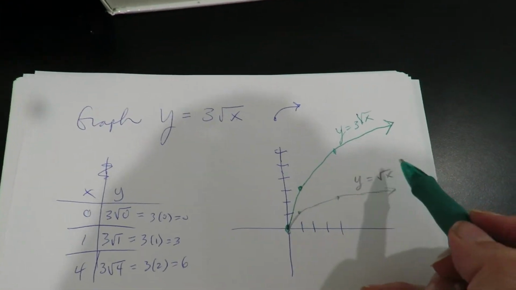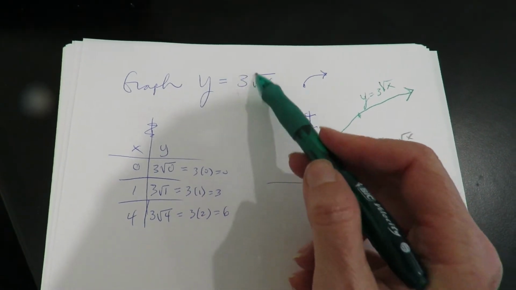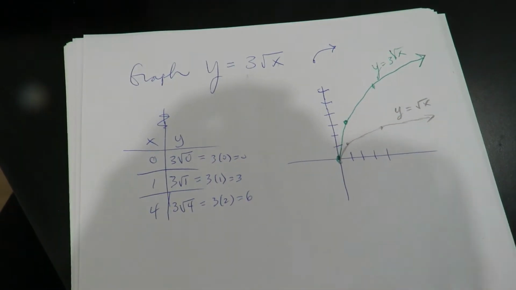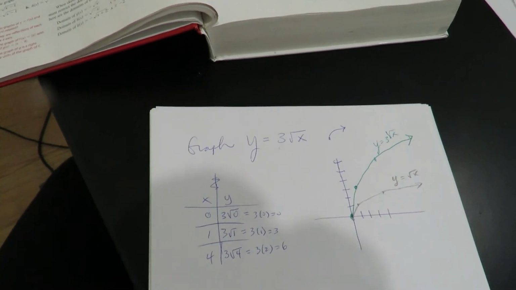Its height would have been a lot lower, but because of the 3, this is considered a vertical stretch. When you put a multiplier greater than 1 out front, it pulls the heights up. It's stretching the graph. It's lifting it.